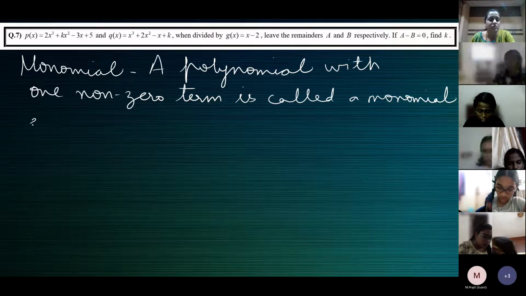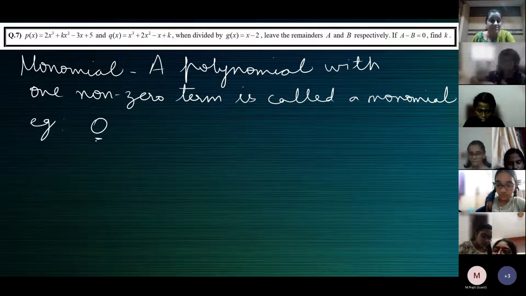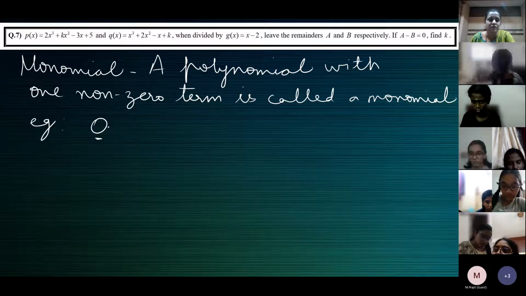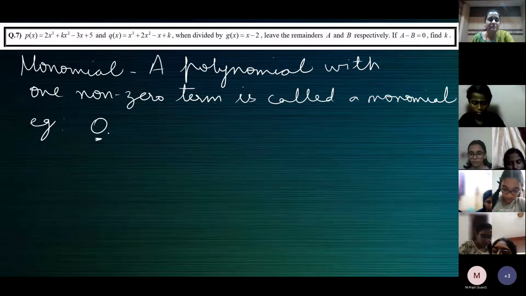So examples could be, see, 0, there's only one term, but it's a zero term. So 0 is not a monomial.